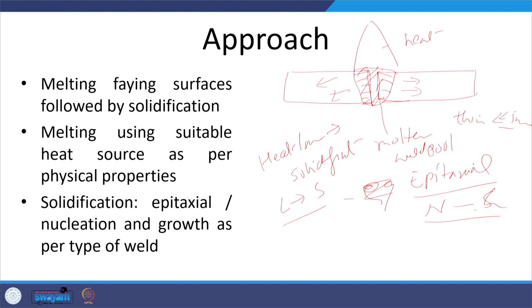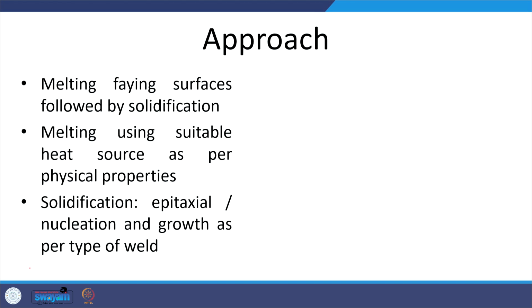So, the basic approach here is to use a suitable source of heat, like the arc in this particular process, to melt the faying surfaces, followed by their solidification, resulting in the weld joint.